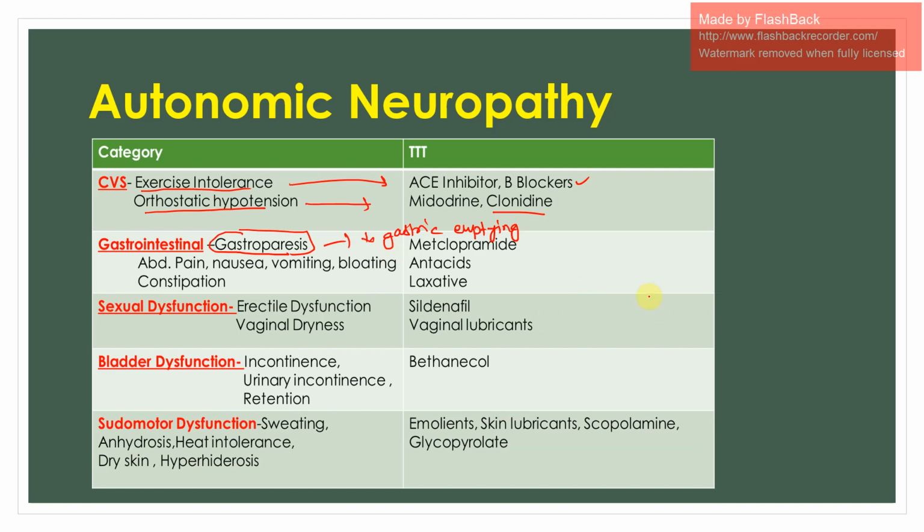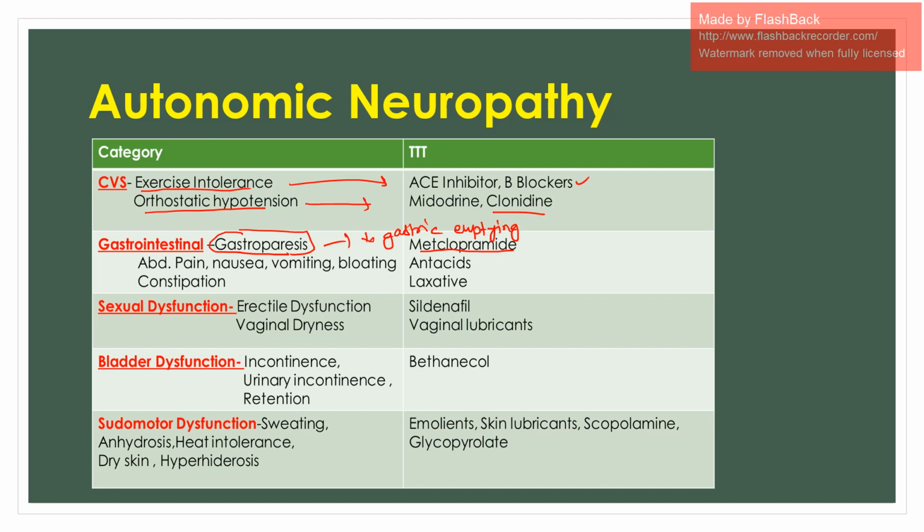So we give metoclopramide in this case, which increases the movement of the muscles in the stomach and the intestine. Metoclopramide is a dopamine antagonist.